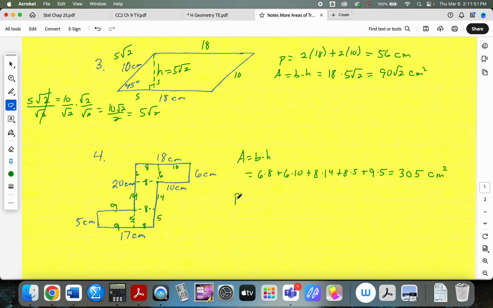And then for the perimeter, I'm going to start up here and work my way around. So 18 plus 6 plus 10. That whole side is going to be 19. Plus this whole side is 17.